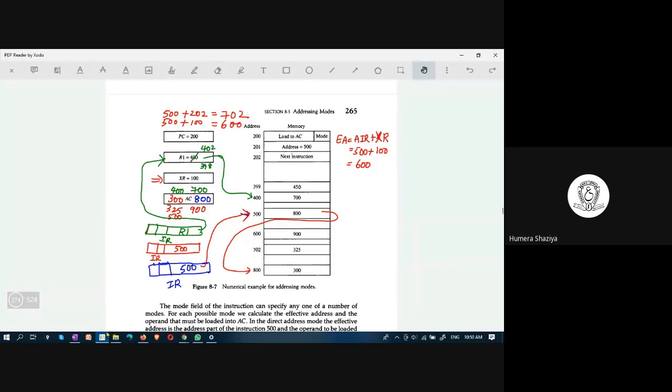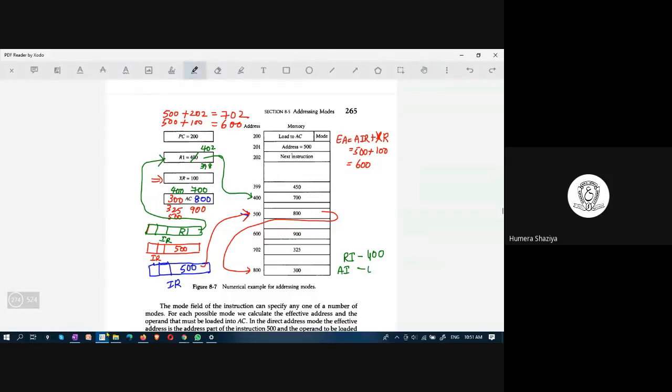In register increment and decrement mode, which is similar to register indirect mode, the register holds the address, not the operand. This address would give the operand. In auto increment mode, you read the contents of the register, go to that location, get the operand.